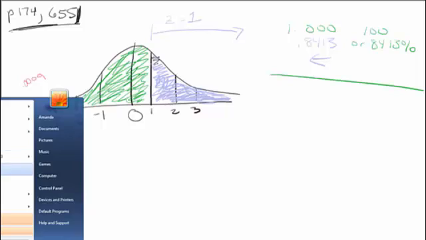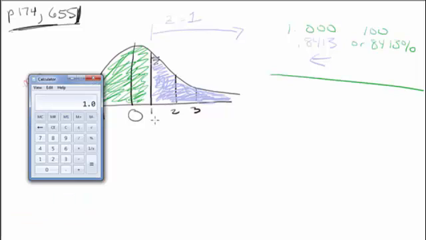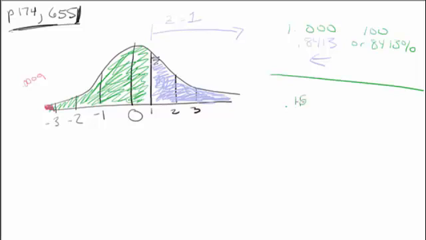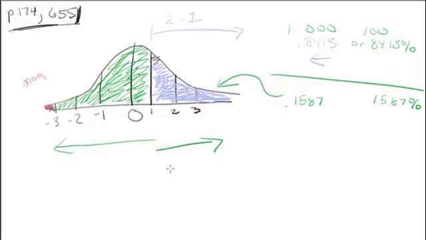So let's pull out the calculator. 1.00 minus 0.8413, so 0.1587, or 15.87% is in this blue area. So 84% to the left, about 15% to the right.